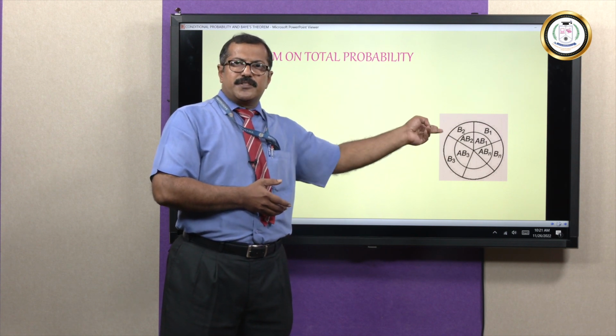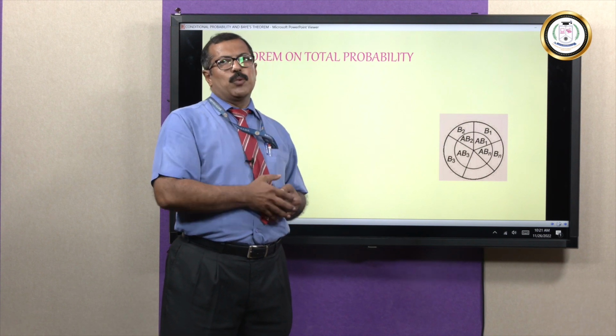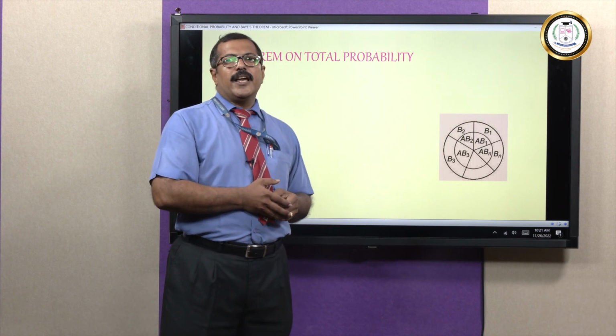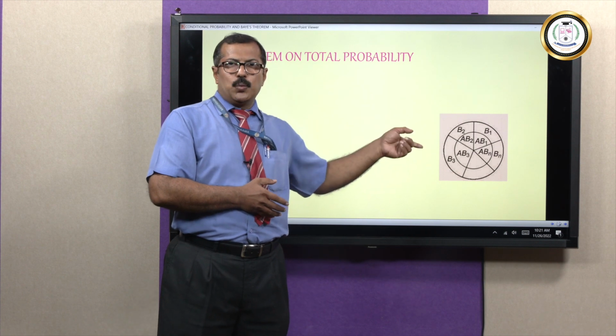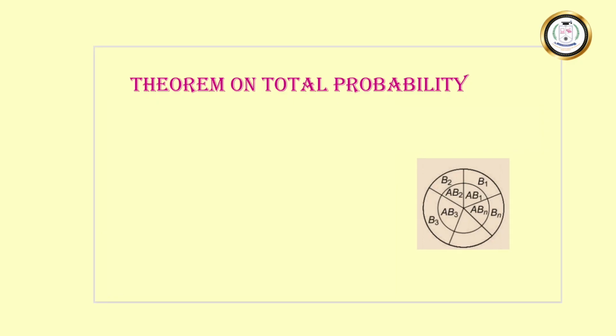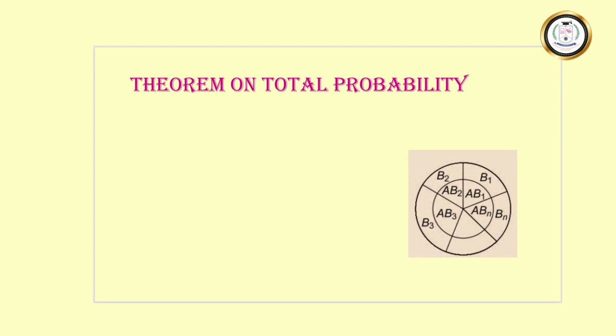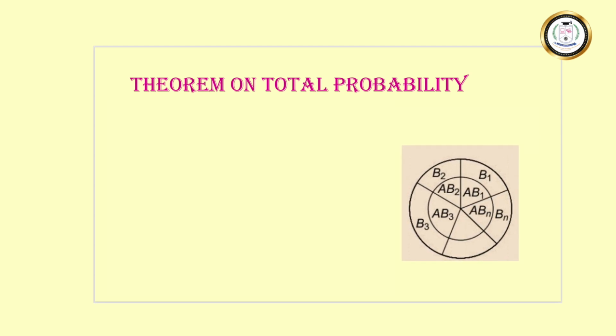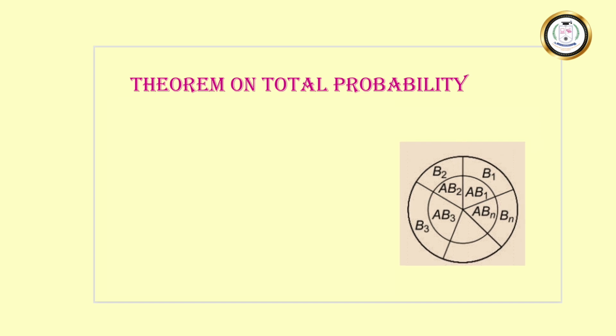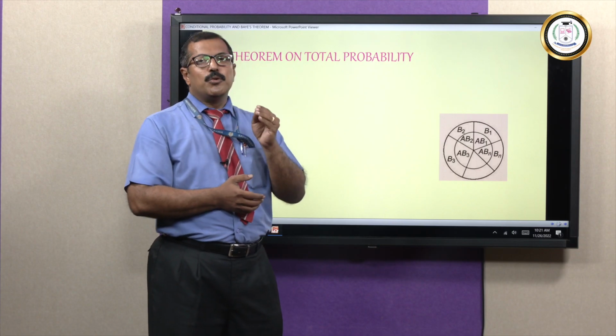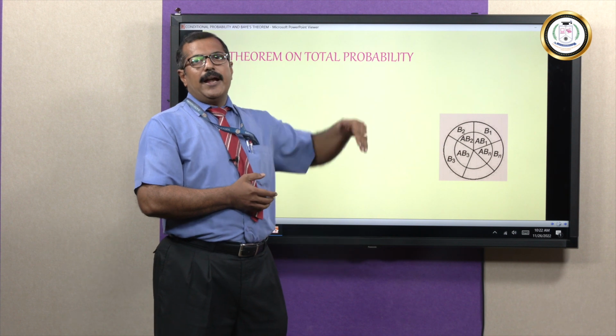In terms of symbols it is A intersection B1, and the second one is A intersection B2, which is A B2, etc. up to A Bn. So if we see this inner circle, it is the union of A B1, A B2, A B3, etc. up to A Bn. We call these events mutually exclusive and exhaustive.